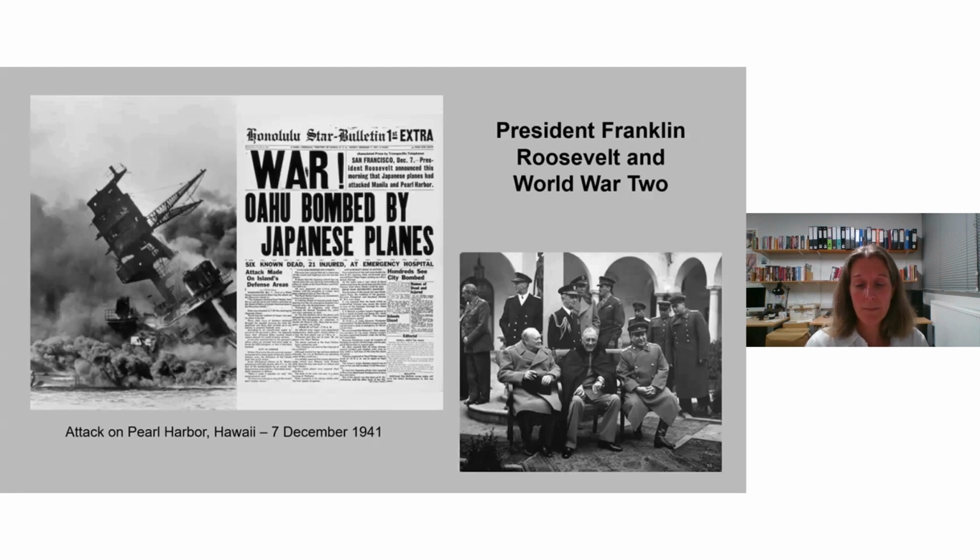President Franklin Roosevelt, whose 4 freedoms had defined American war aims, just as Wilson's 14 points had in 1917, drew on the nation's economic strength and his personal relationships with British Prime Minister Winston Churchill and Soviet leader Joseph Stalin to try to shape both the war and its end and the post-war world.